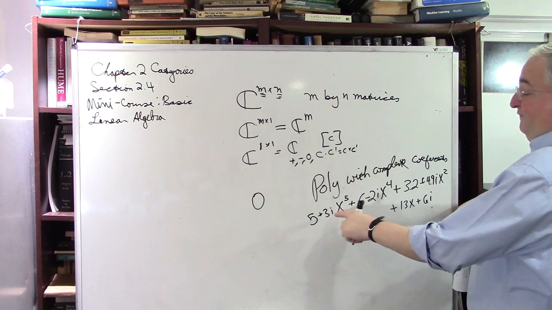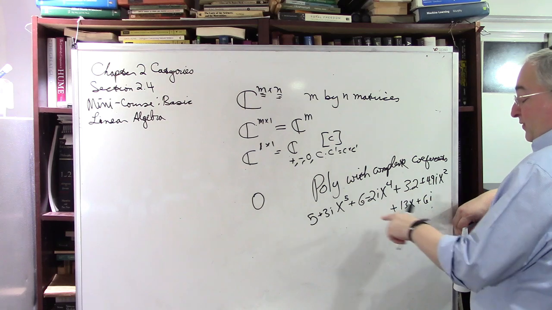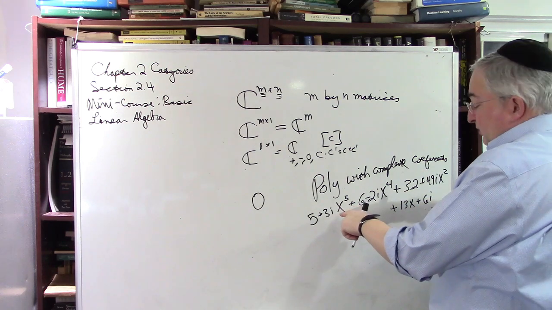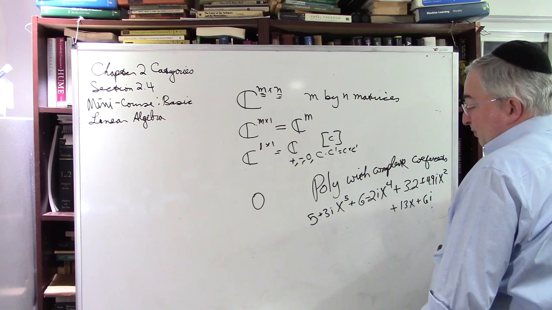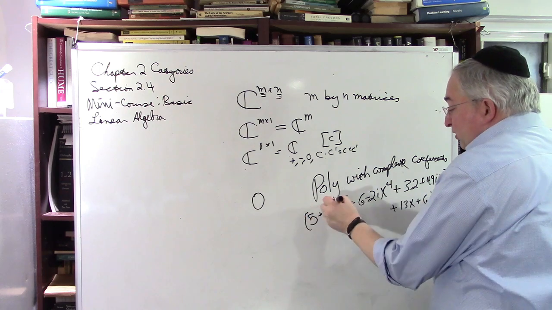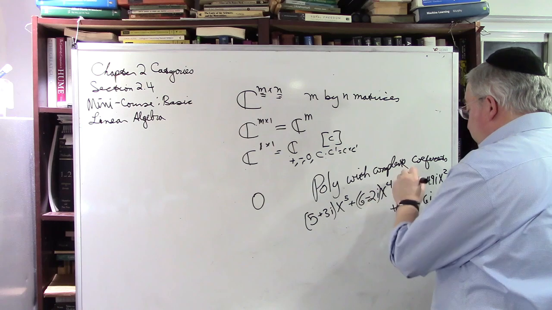So this is a polynomial to the fifth, with a fifth power in it. Each one of the coefficients are complex numbers.